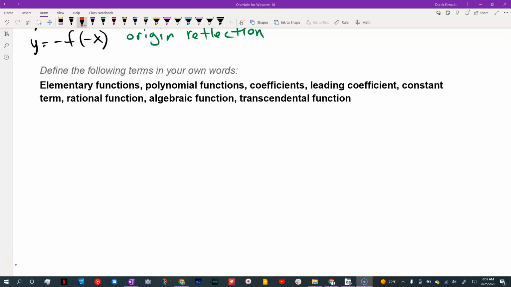Okay, so let's go ahead and look at these. So elementary functions, there are 3 types of elementary functions. Elementary doesn't mean simple at all. Elementary functions just means basic. Basic does not mean simple either. Probably most common is a better one. But algebraic. Number 2 is trigonometric.